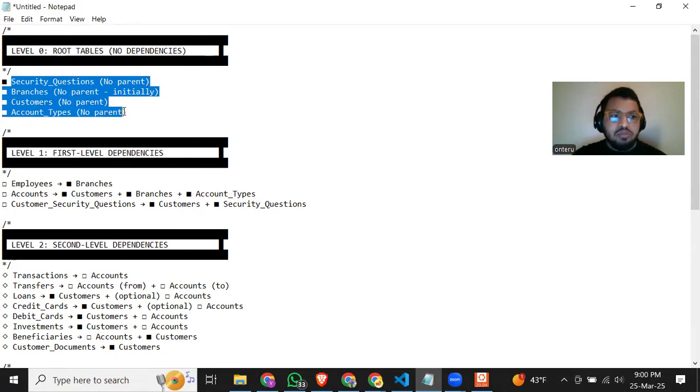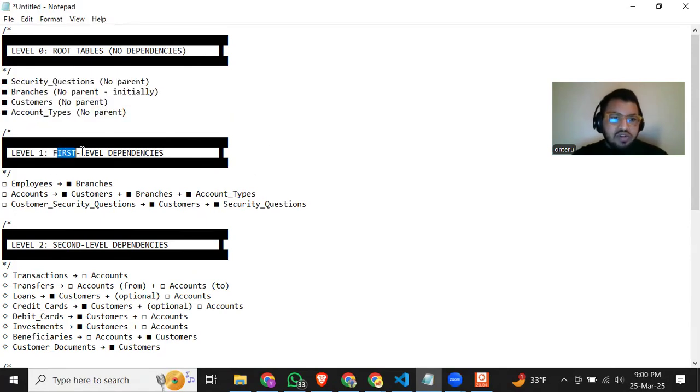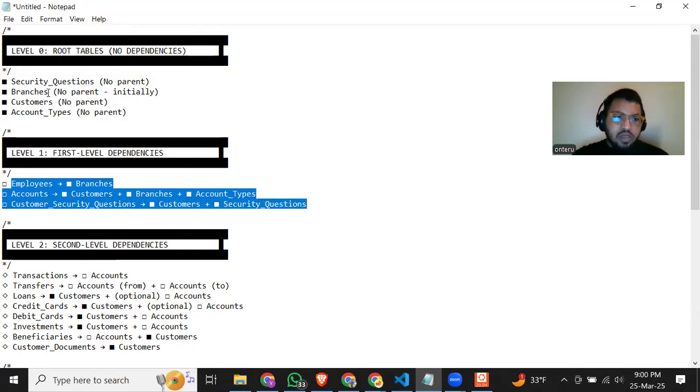These tables are not dependent on any other tables in the entire 31 tables. They operate alone, not dependent on any others. These are the first level dependencies: the first generation of kids for these parent tables.